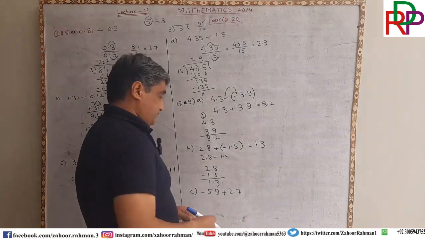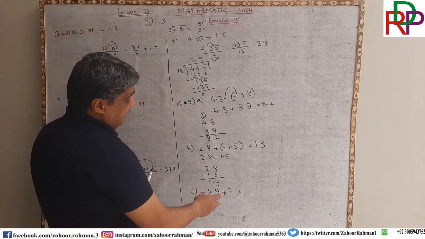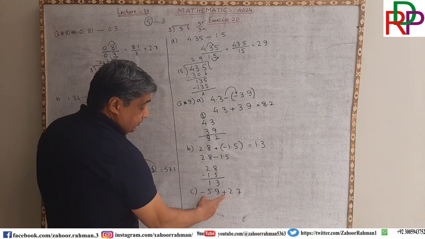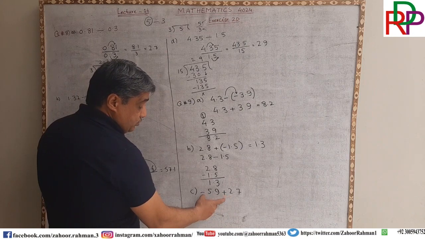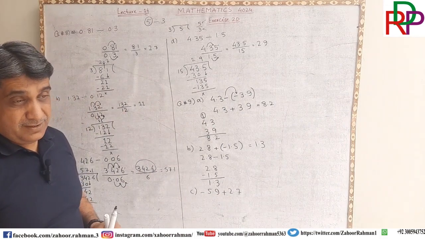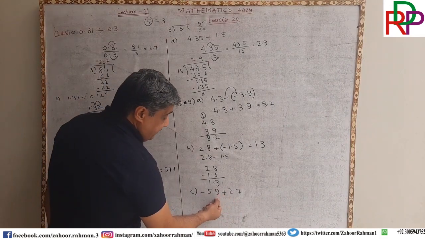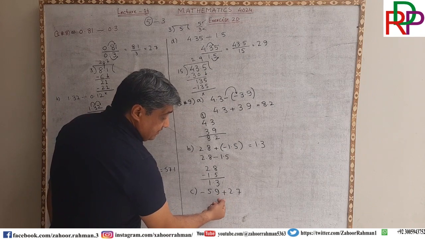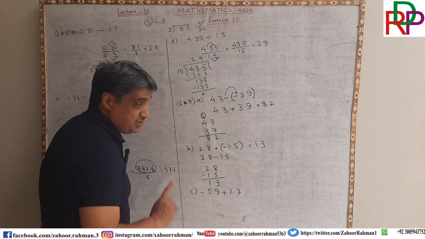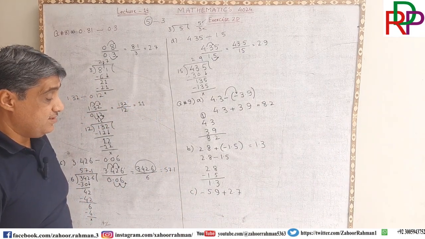Well, in this case, because I told you that if there are two different symbols, one is minus and one is plus, you have to subtract the smaller number from the larger one, and put the sign of the larger number, which is minus in this particular case.